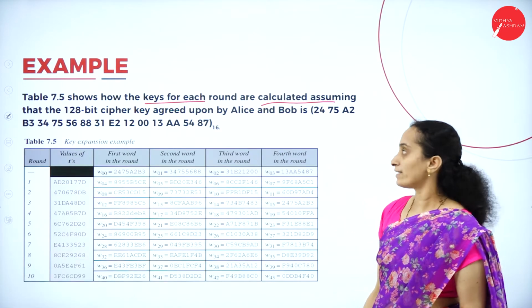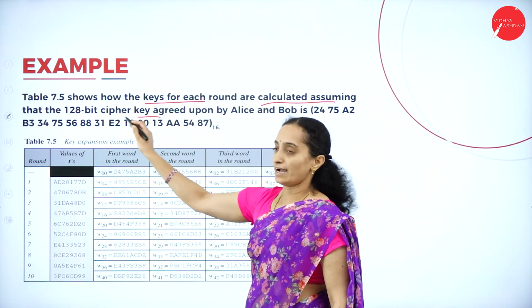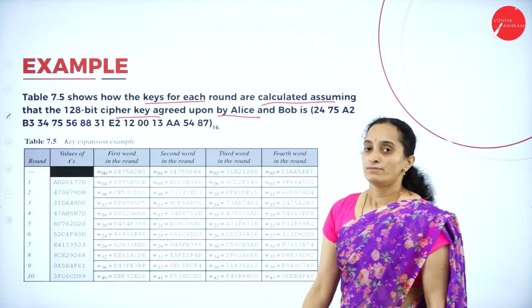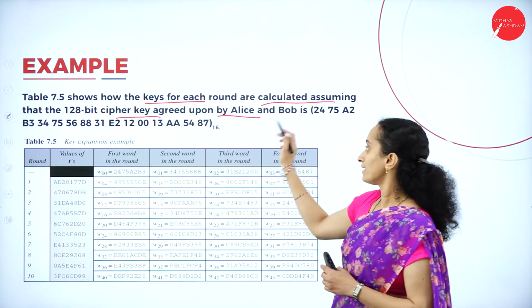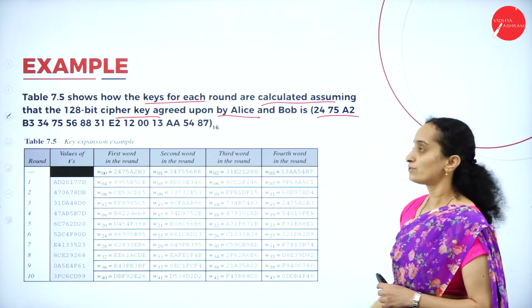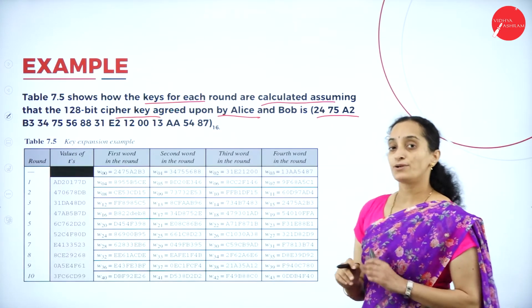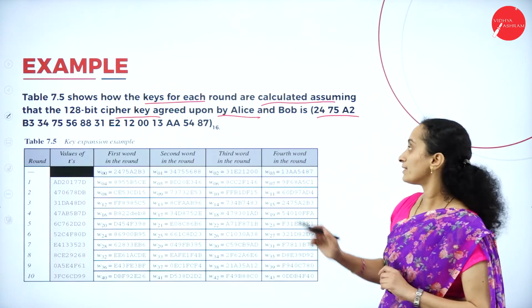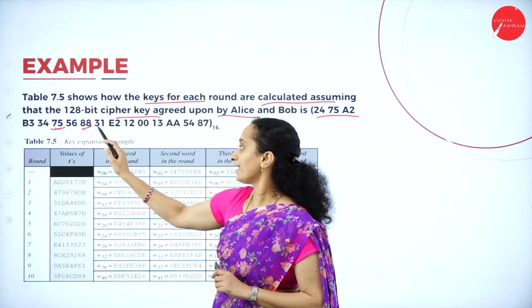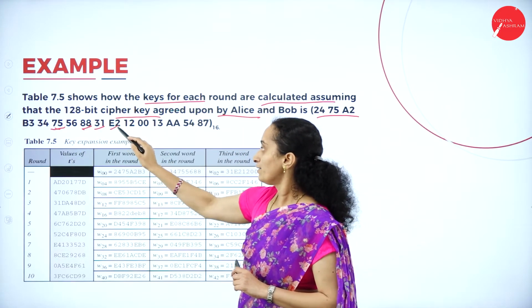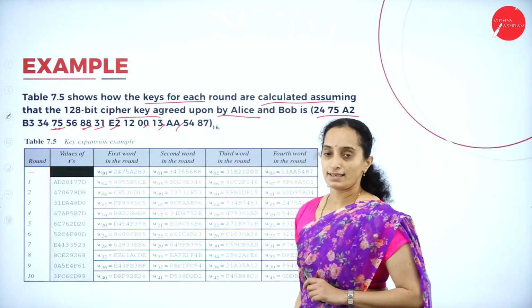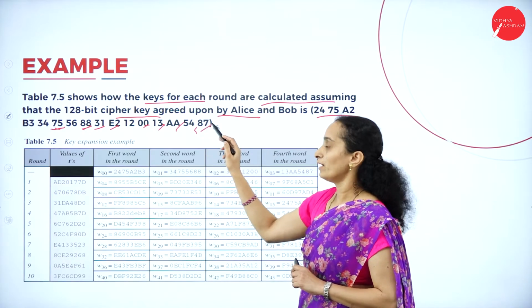How you are going to calculate each round, assuming that the 128-bit cipher key, which will be agreed by the sender and the receiver, Alice and Bob, is like this: 2475 A2, all these things in hexadecimal representation, B3 3475 88 31 E2 1200 13 AA 554 and 87.